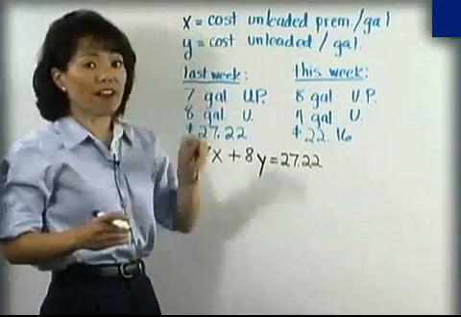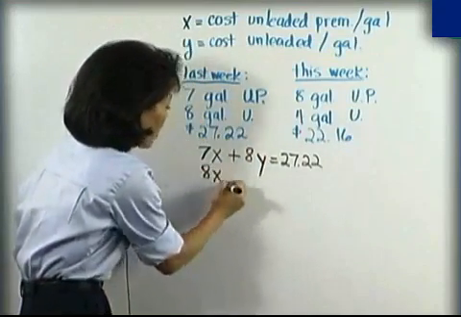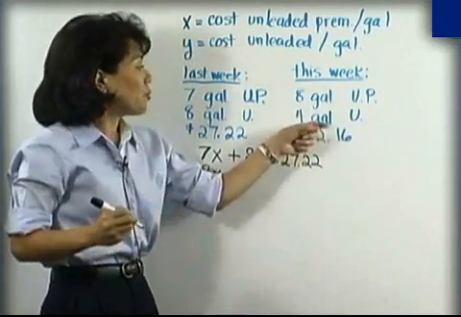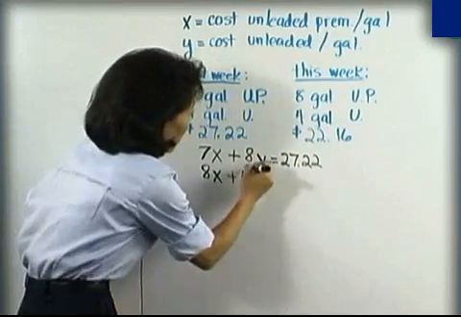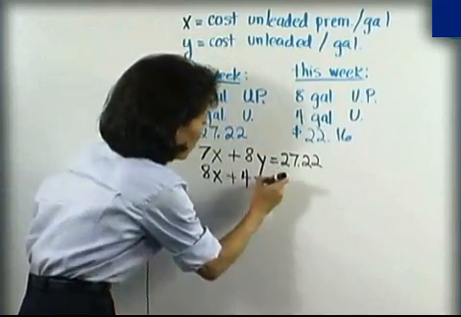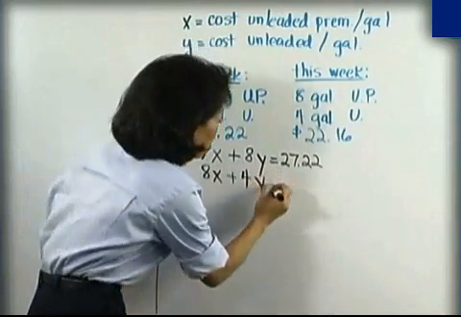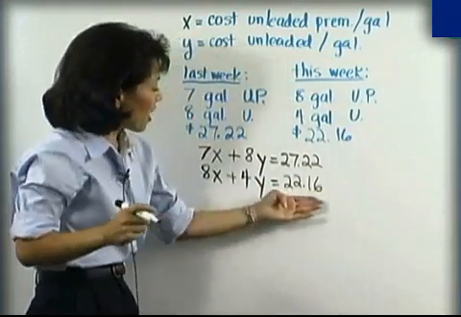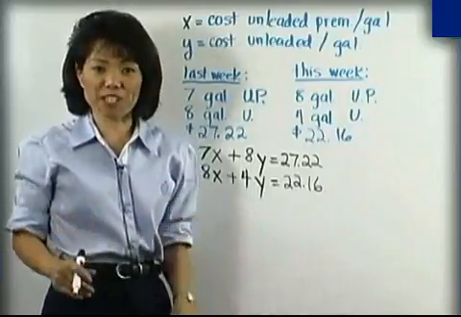We represent that cost with the variable X. So we're going to multiply 8 gallons times the cost per gallon plus, this week he purchased 4 gallons of unleaded regular, so that's 4 gallons times the cost per gallon, which again is Y. We know that this week he spent a total of $22.16. So the second equation represents the money he spent on gasoline this week.